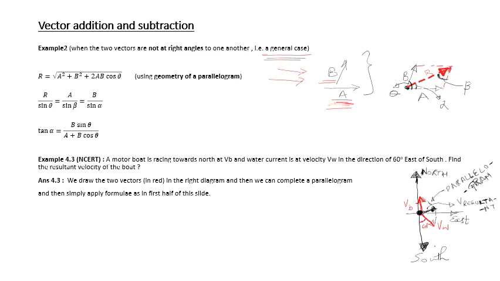Let's say they are at an angle of theta degrees, and that is what is plotted also in the figure on the right hand side. Now let's say we have to add these two vectors. So we will use the same principle. Now look at this figure carefully. This is vector A, same direction, same magnitude.